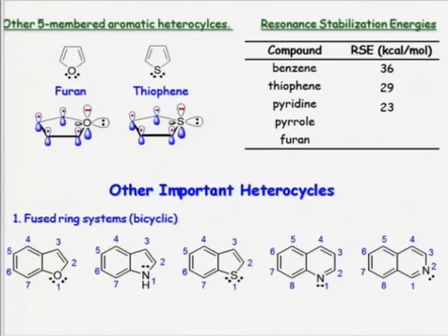If we move on and look at the resonance stabilization energies of these different compounds, thiophene, pyridine, pyrrole, and furan, and compare them to the resonance stabilization energy of benzene, we notice that these heterocyclic systems don't have quite as much resonance stabilization energy as benzene.